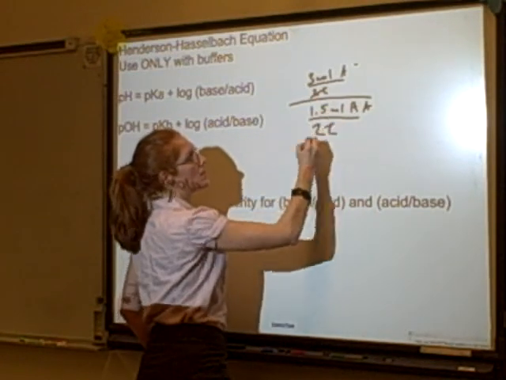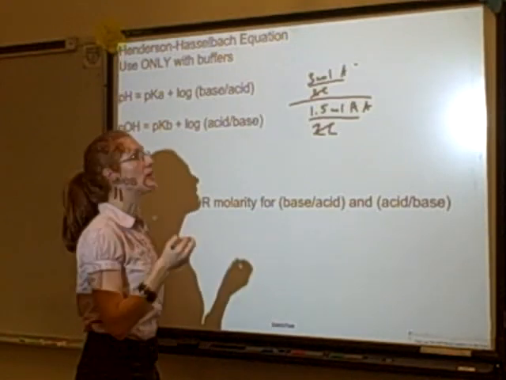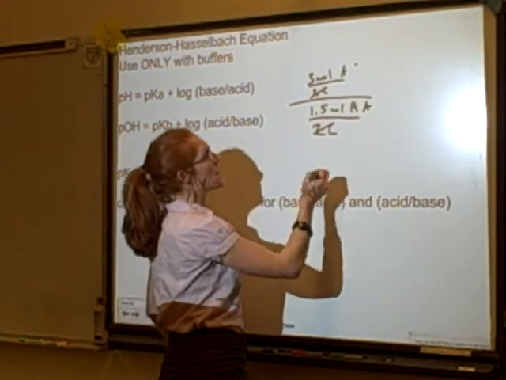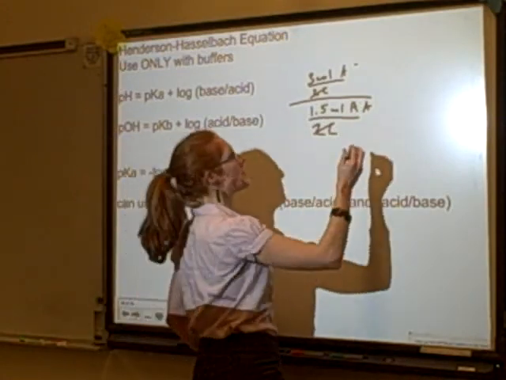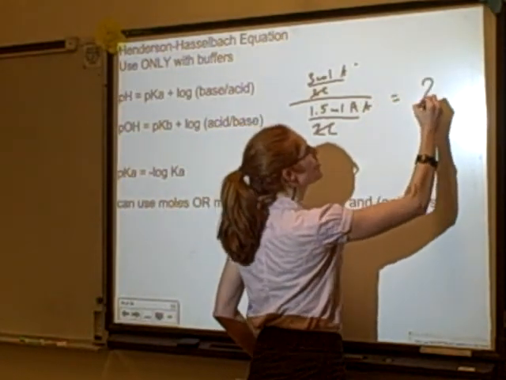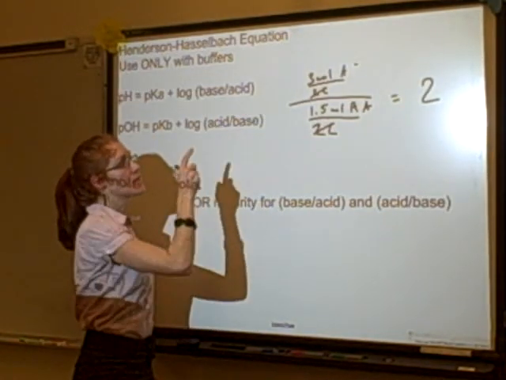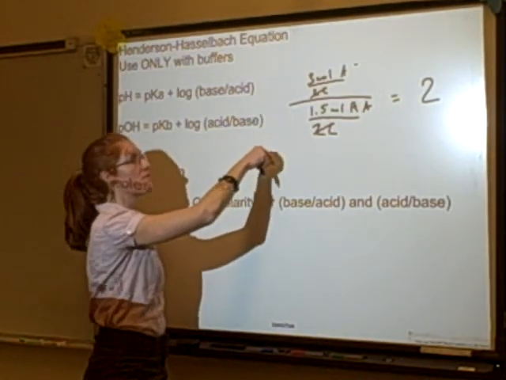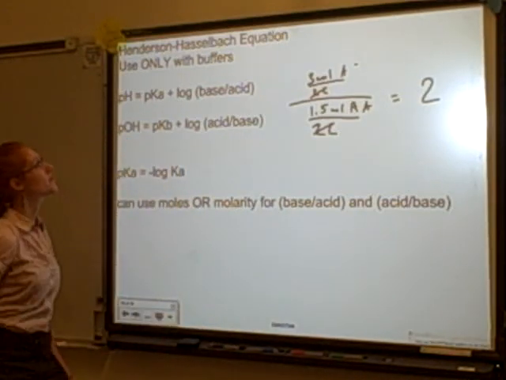The 2 liters cancels out. 1 over 2 liters divided by 1 over 2 liters, it's just 1. So that's the reason I could have said 3 moles divided by 1.5 moles. That's just going to give me 2. Or I could have said 3 over 2 is 1.5 divided by 1.5 over 2, which is 0.75. Also gives me 2.